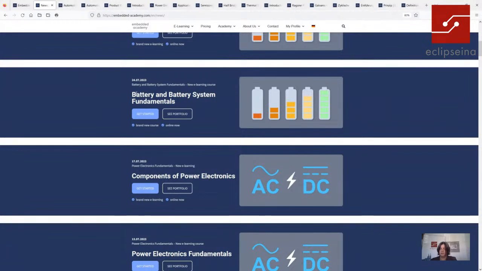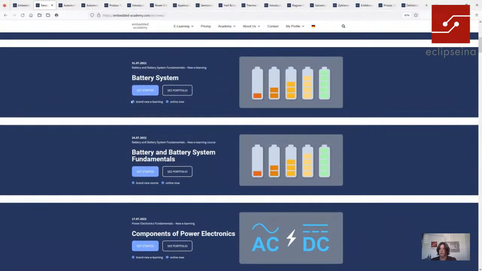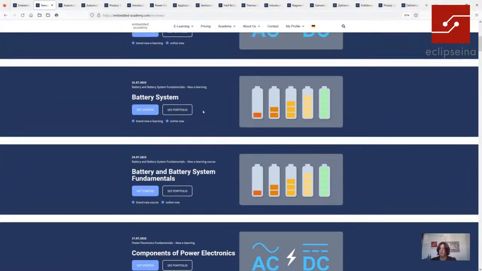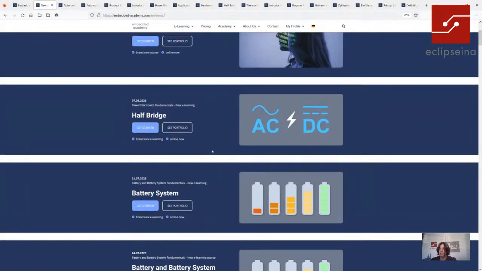So the first part, battery cell, as part of battery and battery system fundamentals. Also still in July, at the end of July, we added the battery system part, making this course with just 2 e-learnings complete. So there are 2 e-learnings and this course is complete.